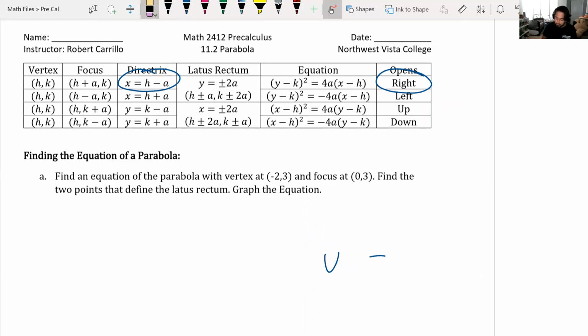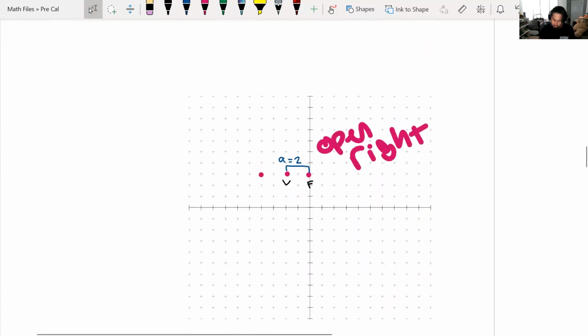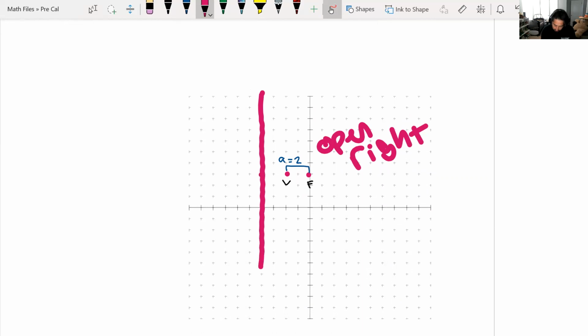So this means if I scroll down, I will now have a vertical line at x equals 1, 2, 3, 4, -4. That is my directrix.